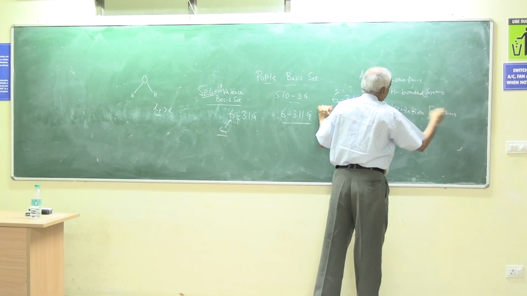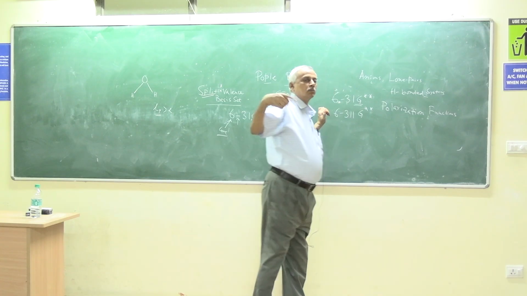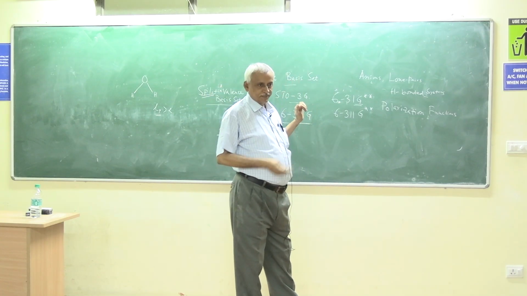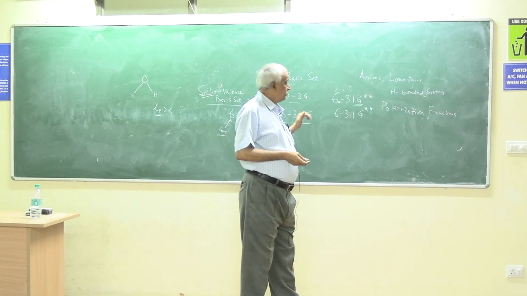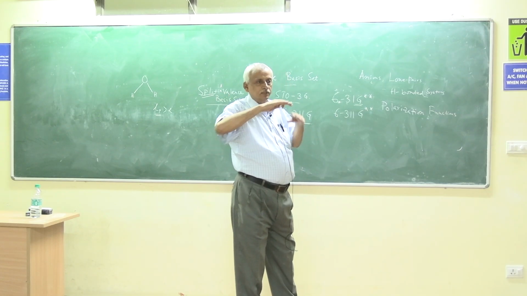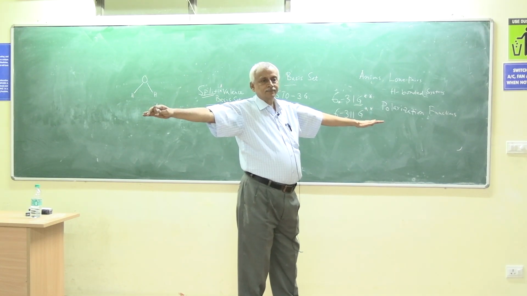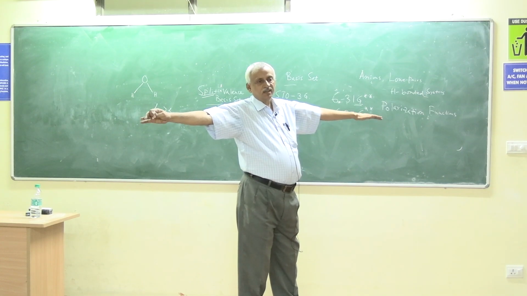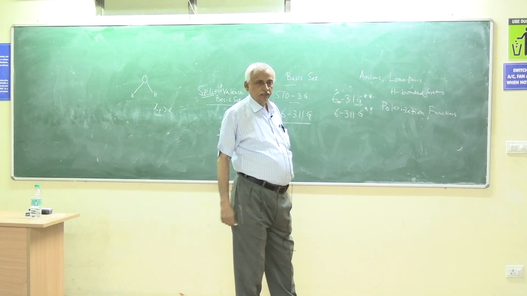So, polarization functions are adding something with angular momentum greater than your minimal basis set. Diffuse function means you add another function with a very small zeta value, so that electron density goes to much larger distance. Okay.